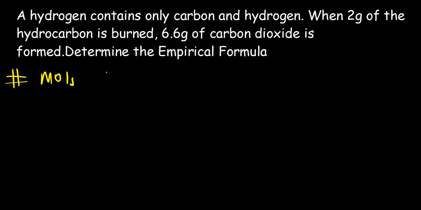You know how to find the moles: it is mass over the molar mass. In this case, the mass for carbon dioxide we've been given is 6.6 grams. So I'm going to put 6.6 grams of carbon dioxide.